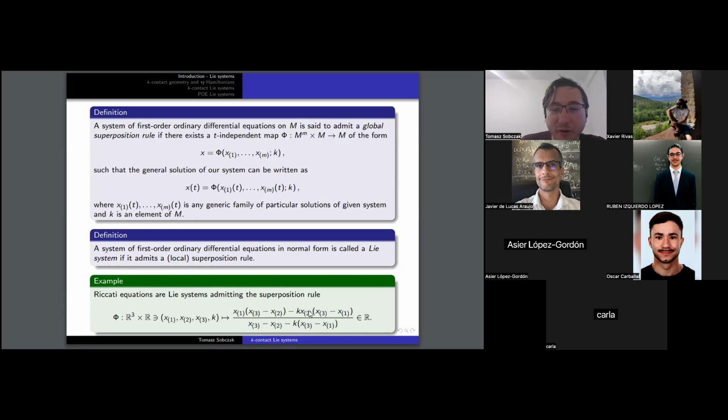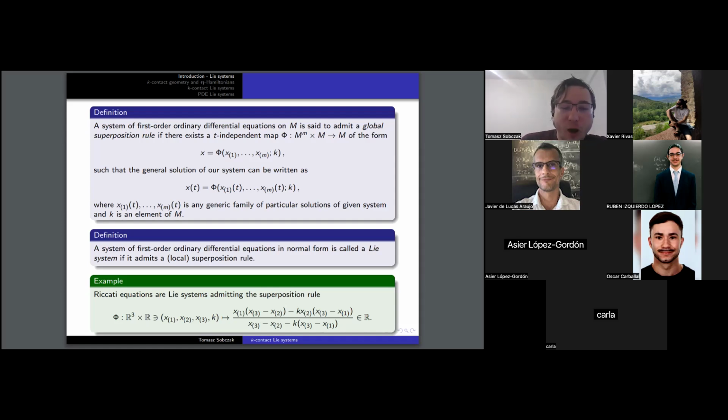We cannot recreate this particular x2 solution via these functions. So it's not a global superposition rule, but if we, for example, take R with infinity, we can talk about a global superposition rule. If we limit ourselves only to R, then we have a local one. So this is the nuance, the difference between those two things.